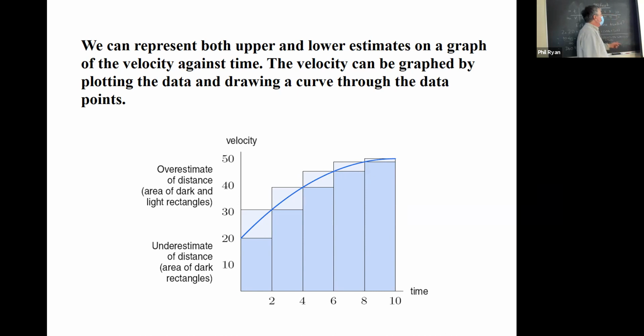We can do the same thing with our overestimate. Instead of 20, we're now 30, 80, etc., whatever it was, 76. And now if we add up all these rectangles here, we get 420 feet.